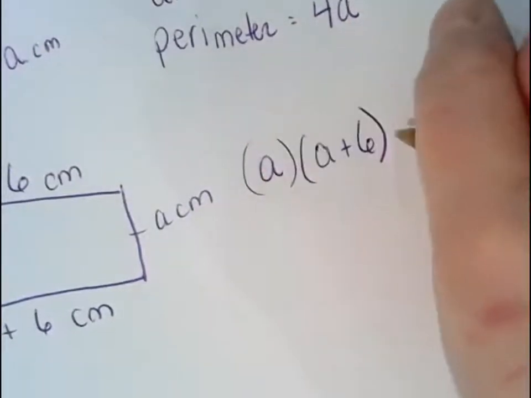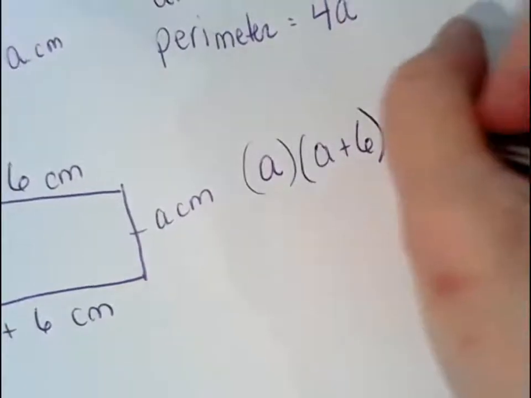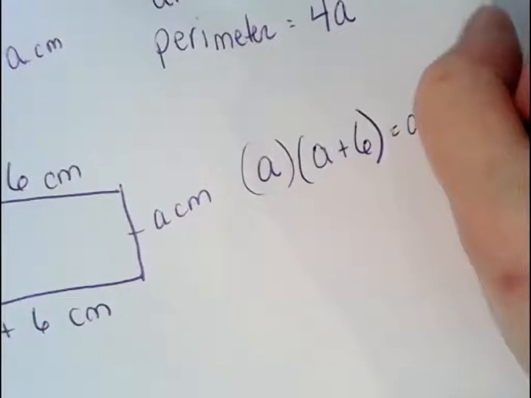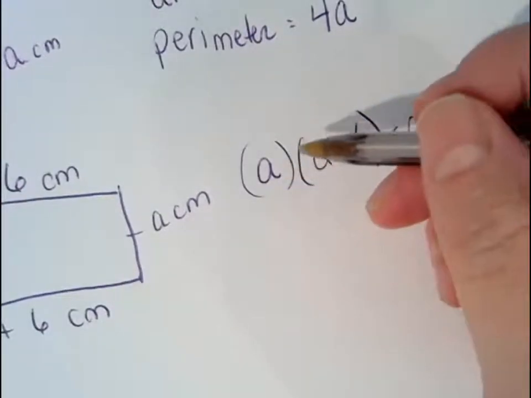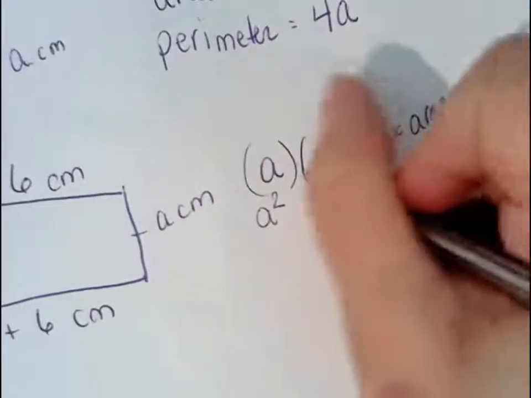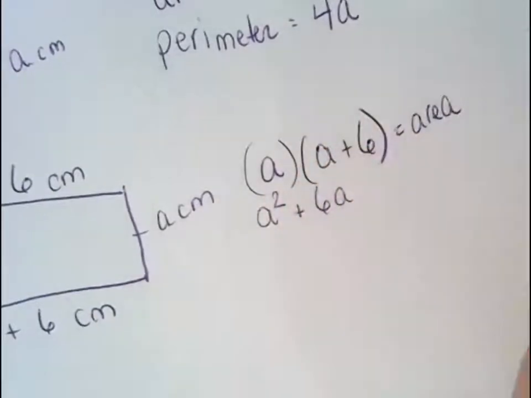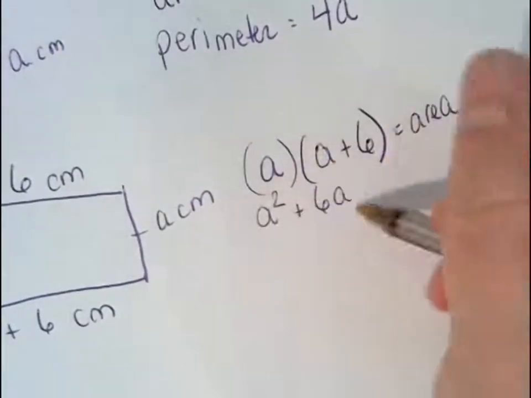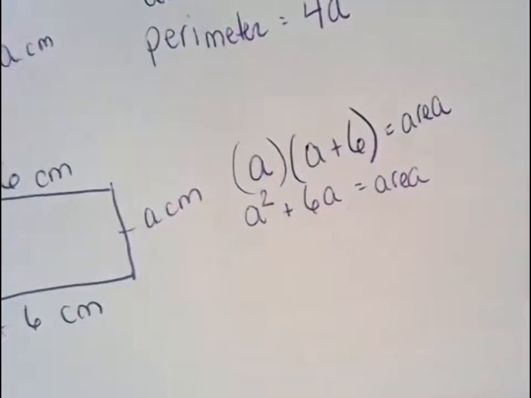And we're going to simplify it because we can. So that equals the area. A times A is A squared, and then A times 6 is 6A. So A squared plus 6A is going to be the area of the rectangle.